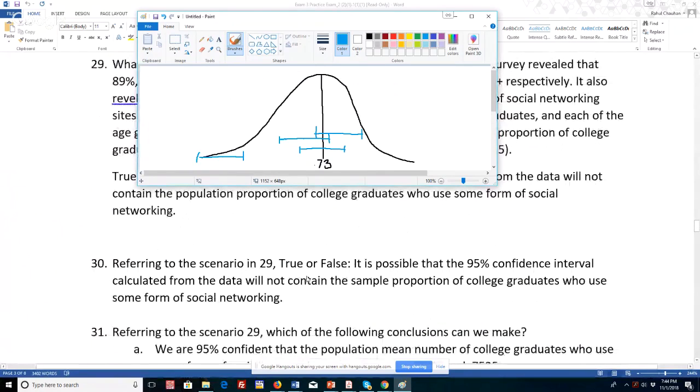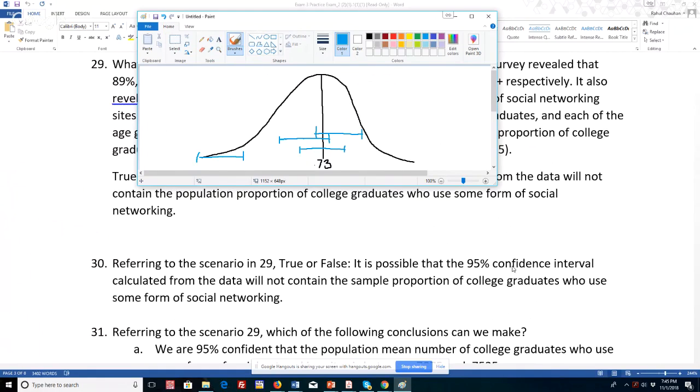Number 30, so it is possible that the 95% confidence interval calculated from the data will not contain the sample proportion of college students who use some social networking. So this is a false statement because of this word right here.